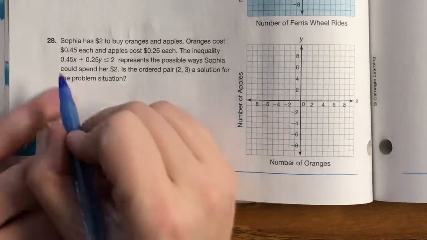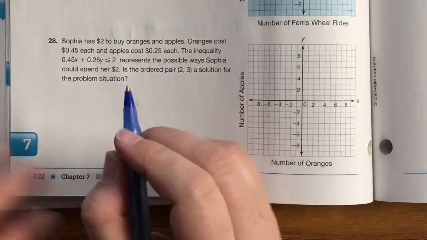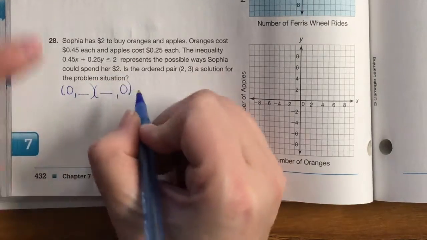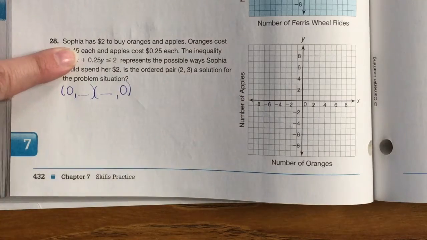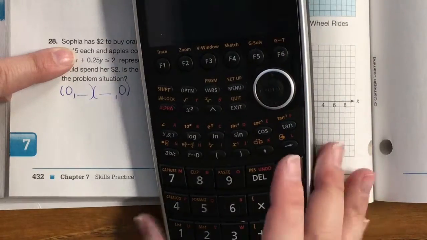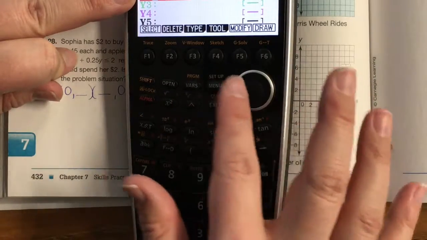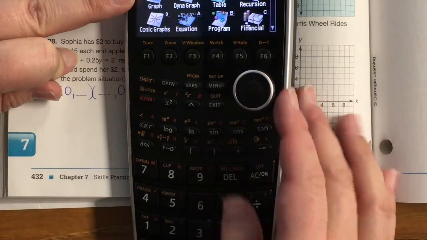So graphing this one, I don't want to solve for Y. I would rather do 0 comma something, something comma 0. And then if I covered up the X, I would have to do 2 divided by 0.25, right? So exit, menu, normal calculator.